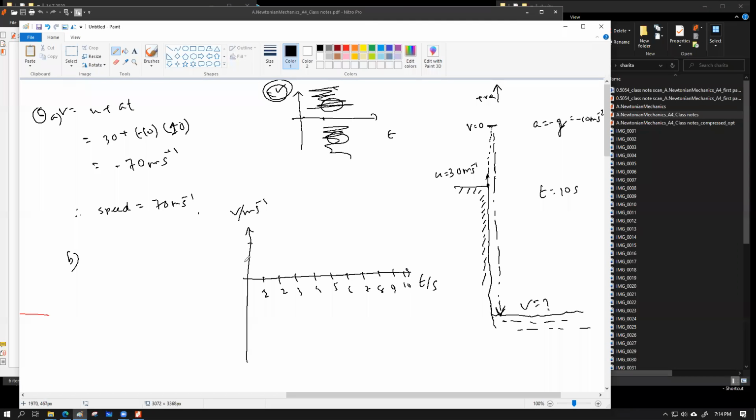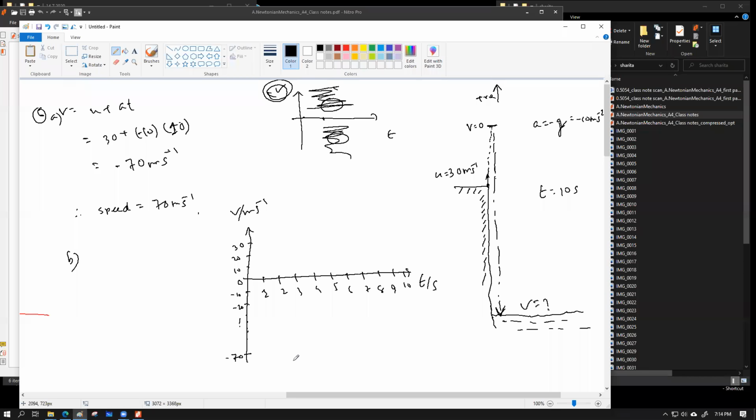So let's say here we have 30. Here we have 10, 20, 30. And on the downside, this is 0 for all of them. This is minus 10, minus 20, minus 30, and it goes on. You have to write all of these values. I'm skipping them because we are running out of time. Here it should be minus 70.